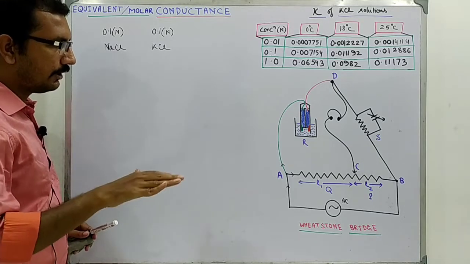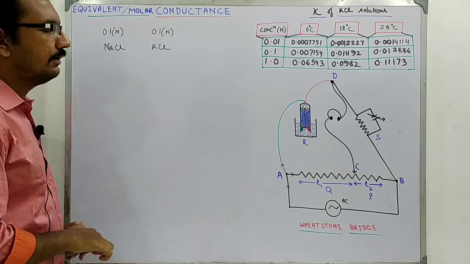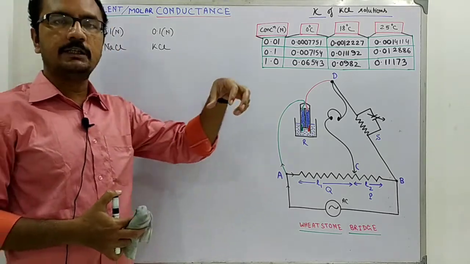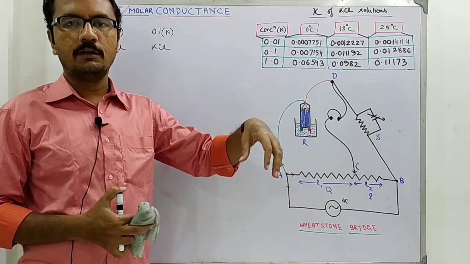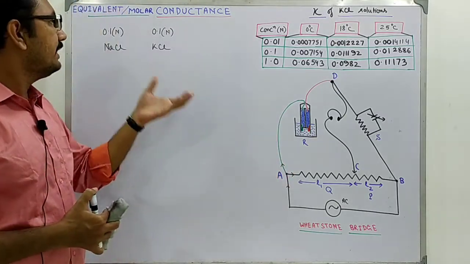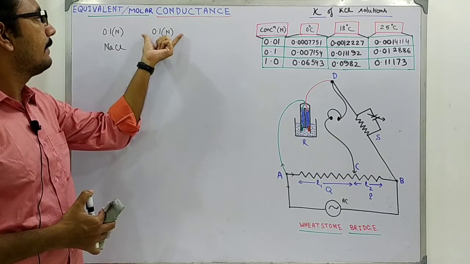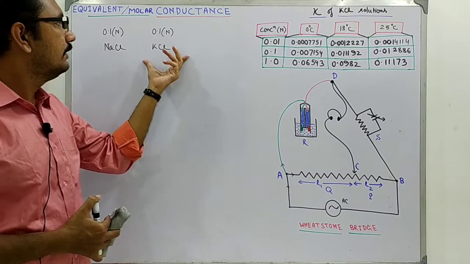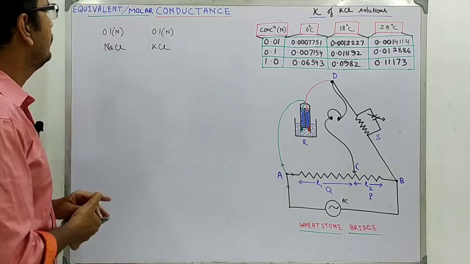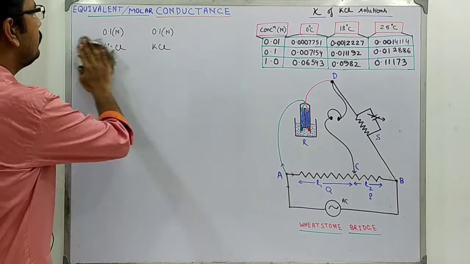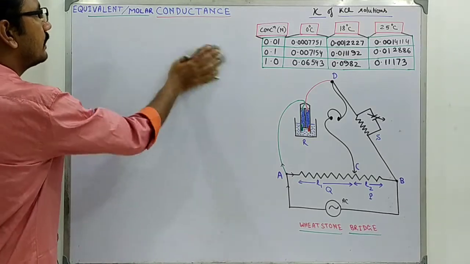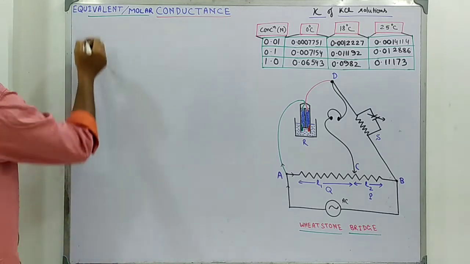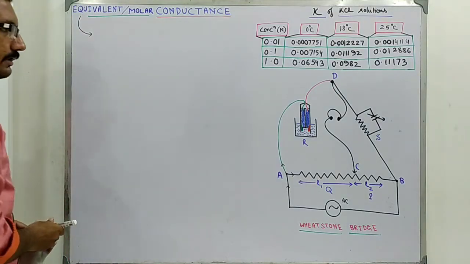Now, we are in search of a conductance parameter in which this concentration will be built in, so we do not have to mention it separately. For that purpose, equivalent conductance or molar conductance came into the picture. First I will deal with equivalent conductance.